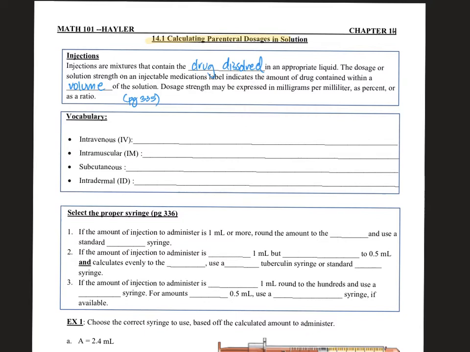Alright, so some vocabulary we're going to be looking at. Intravenous, or an IV, means into a vein. So this is an injection that you would put into a vein. This is the fastest absorption rate. And then we have intramuscular, which is into a muscle.